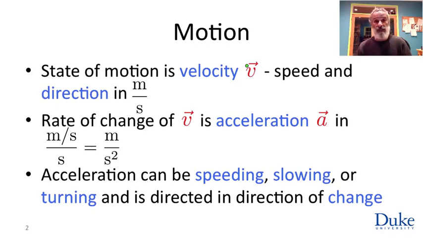And like velocity, acceleration has a direction. So that if an object is moving to the left and speeding up, then its acceleration points to the left. If an object is moving to the left and slowing down, that means its velocity points to the left, but its acceleration points to the right, because the velocity is less to the left later in the interval than it was before.